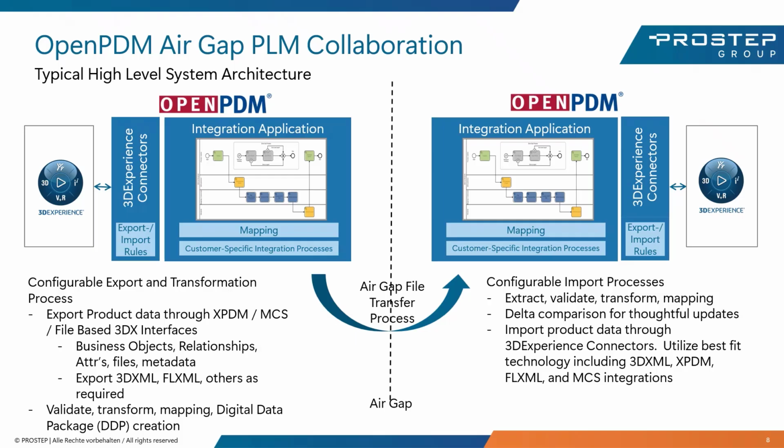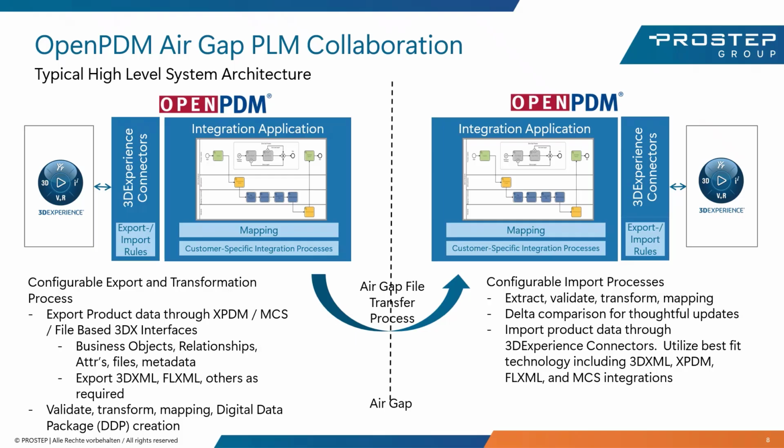We're going to just simulate the air-gap file transfer process. This is going to be copying from one folder to another. And we've got a watch folder implementation where once that zip file gets copied into the other side, it'll kick off the process.